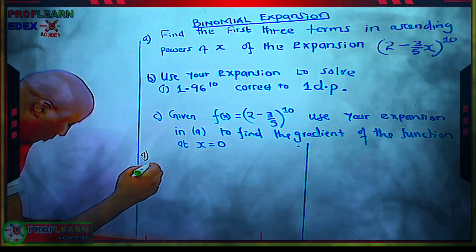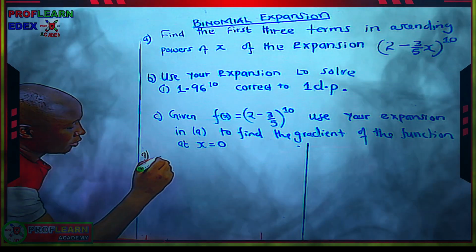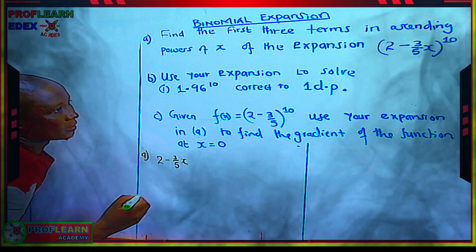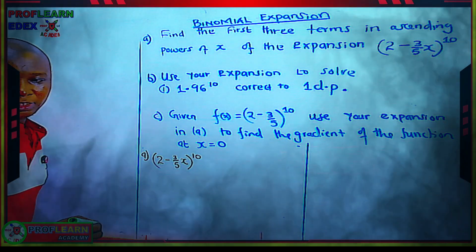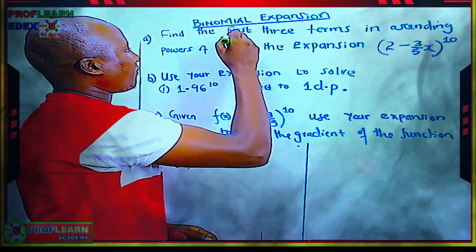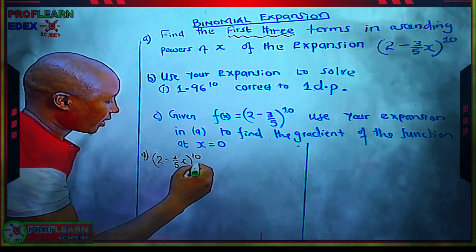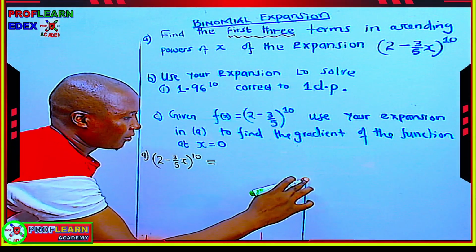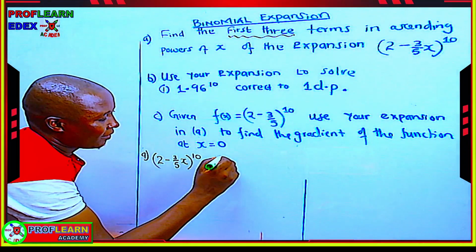We have 2 minus 3 over 5x raised to power 10, and in our expansion we are supposed to find the first three terms, so we are just going to find a few terms.